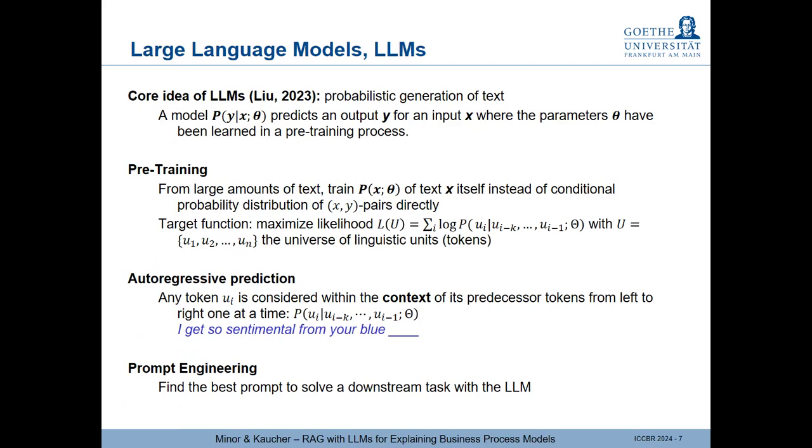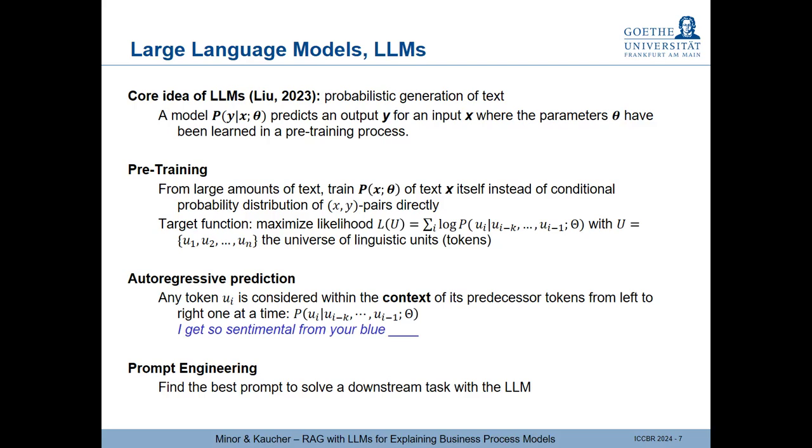And instead of pre-training the probability distribution of the XY pairs directly, the training learns how to predict the text X itself by means of the parameters theta. The target function of the training is to maximize the likelihood of the overall training corpus.